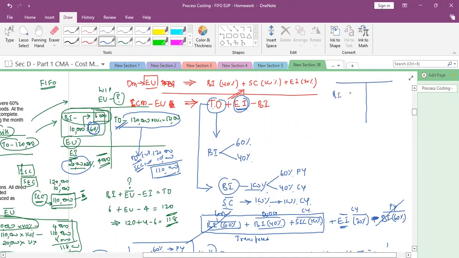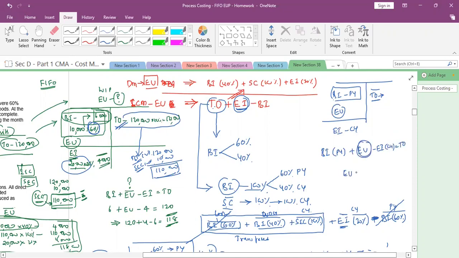The thing is the T-shape account. Beginning inventory in the past year we are taking, right? This is equivalent units. This is ending inventory in the current year, and here transferred out we are taking. So the equation is beginning inventory past year plus equivalent units minus ending inventory in the current year is equal to transferred out. So we are calculating EU.